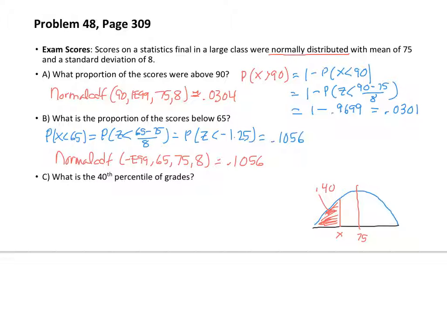Well, the question is how do we approach this particular problem? It turns out that if we start out with z is equal to x minus mu over sigma, with some algebra, we can show that mu plus z times sigma is equal to x. So this is the x that we're trying to actually find.